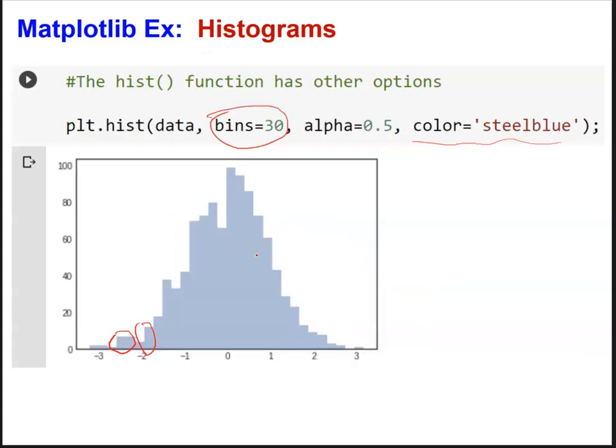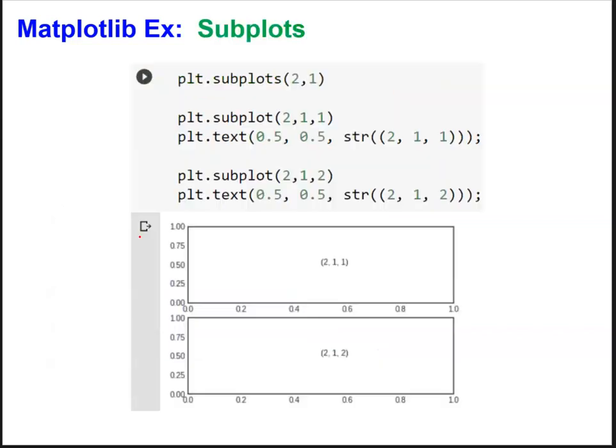So let's look at subplots. Sometimes obviously you want to plot more than one plot. It's a very common thing that you want to do, and in that case we use the plt.subplots function. There is a particular format to this, so let's make sure that you get that.